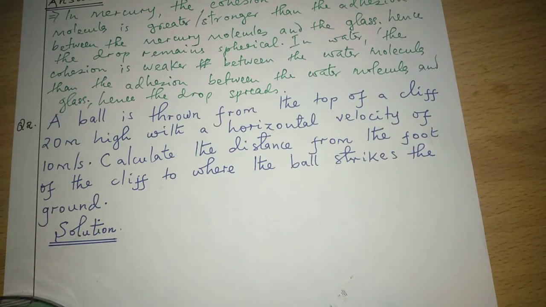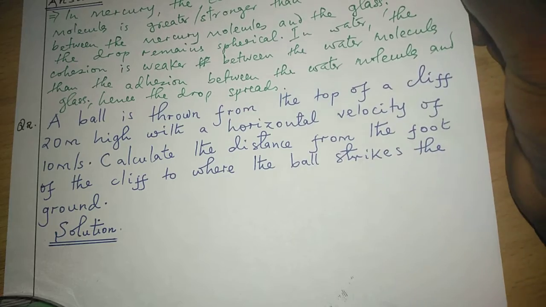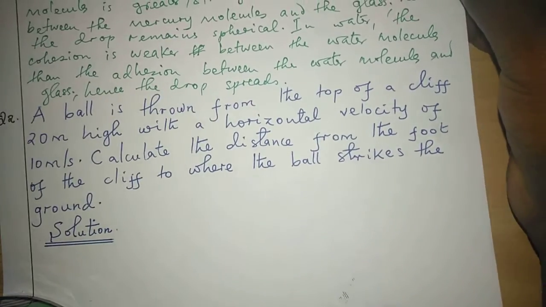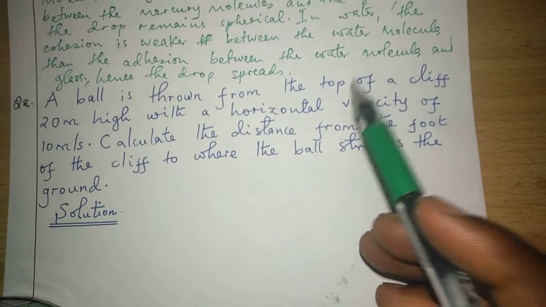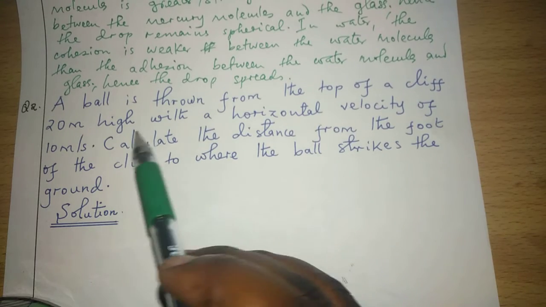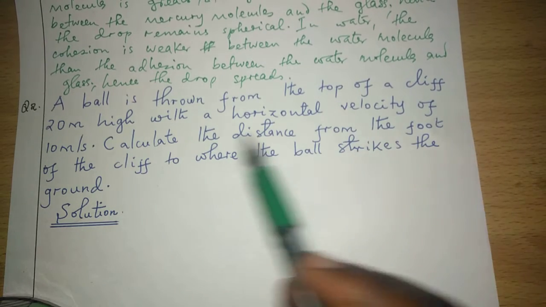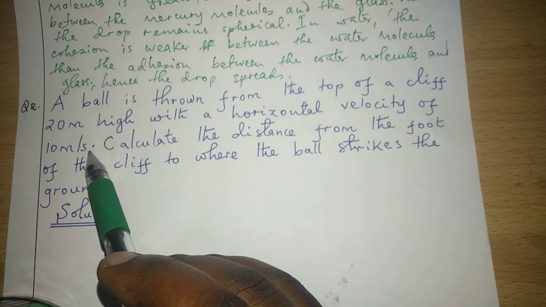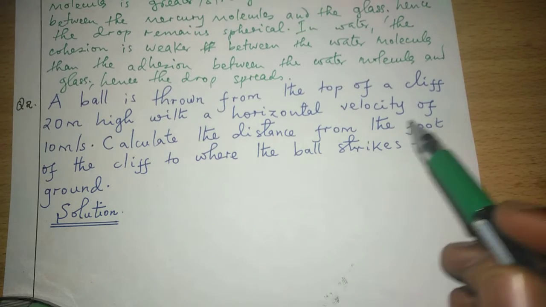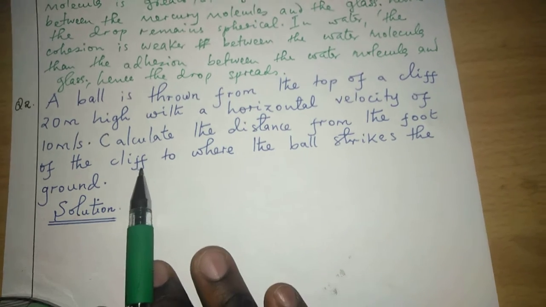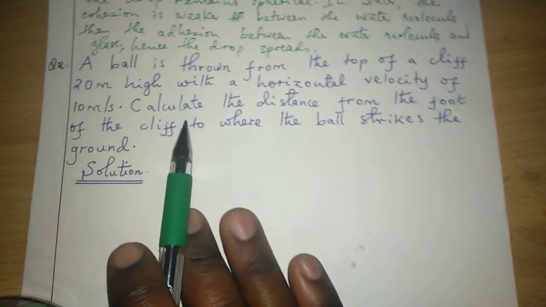Let's get to another question here on horizontal projection, linear motion. We are told that a ball is thrown from the top of a cliff 20 meters high with a horizontal velocity of 10 meters per second. Calculate the distance from the foot of the cliff to where the ball strikes the ground.